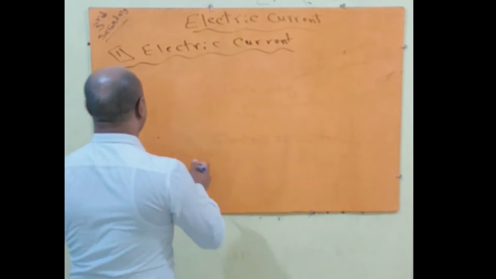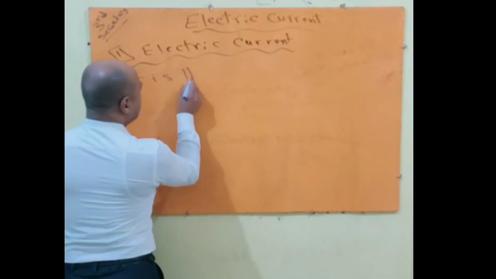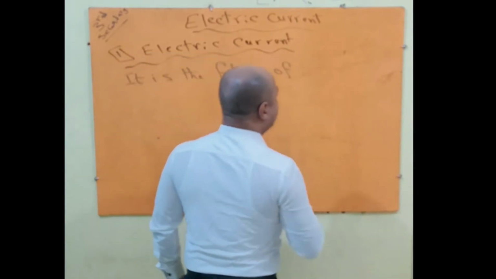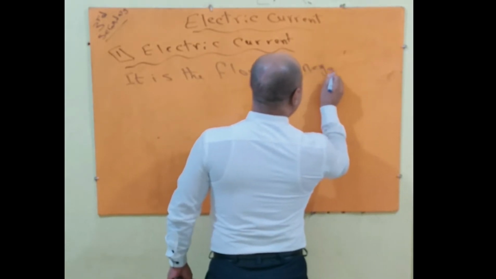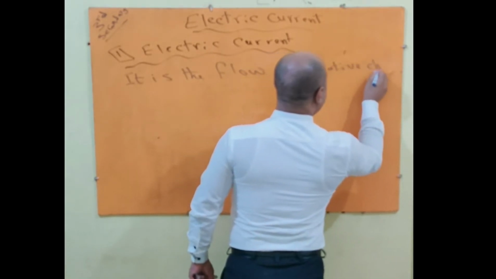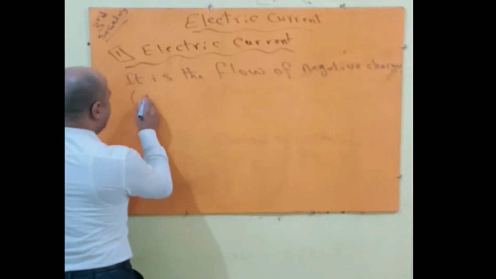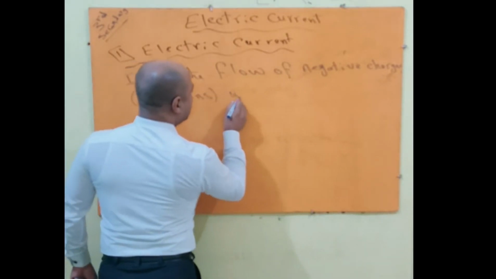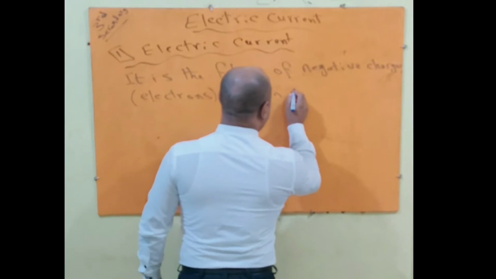Electric current is the flow of electric negative charges, for example electrons, within or through electric conductors.